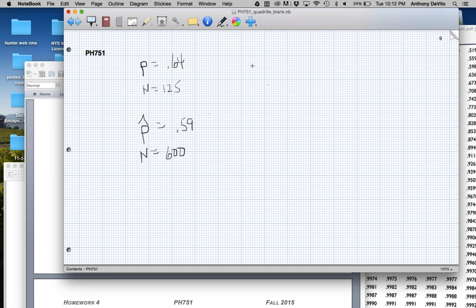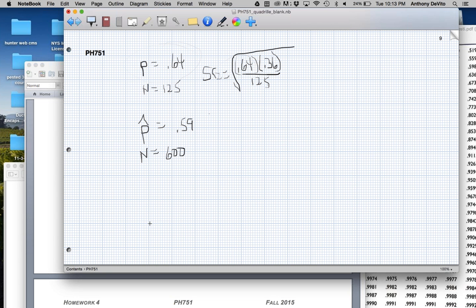So that's P. Now let's calculate a standard error for repeated samples of size 125. Our standard error is going to be the square root of 0.64 times 0.36, that's P times 1 minus P, over 125. That's going to give us an idea of our distribution of samples for repeated samples of size 125.